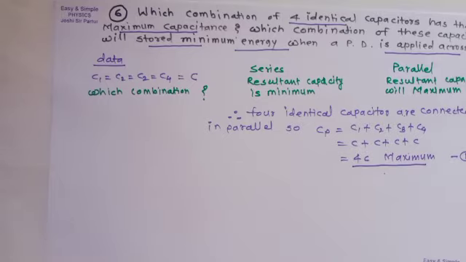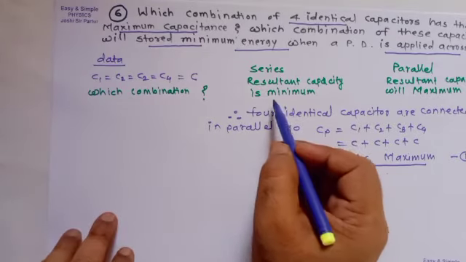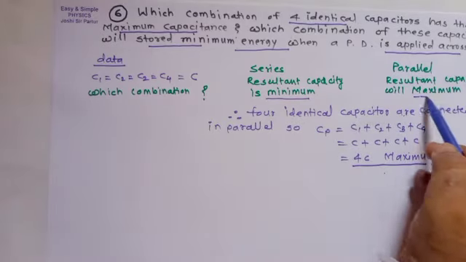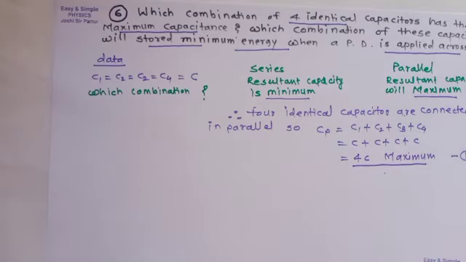But which combination of these capacitors will store minimum energy when potential difference V is applied? Therefore, for series combination, equivalent capacitance will be minimum, and for parallel combination, equivalent capacitance will be maximum.